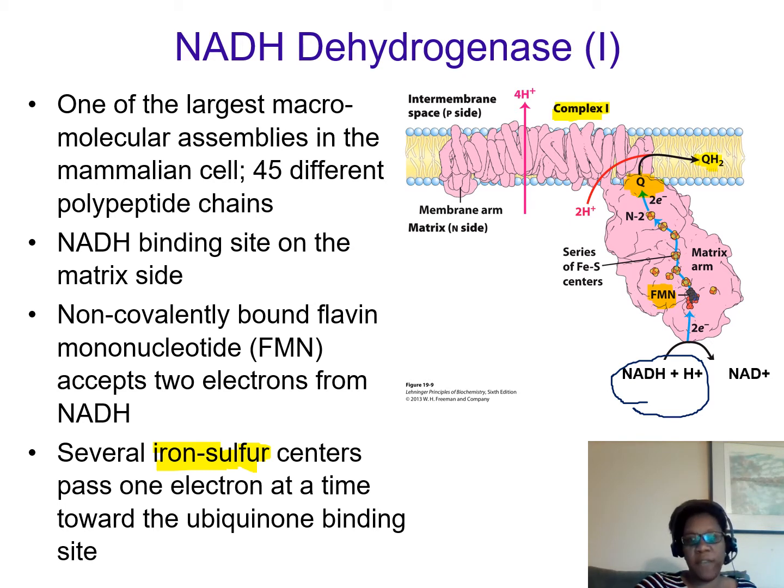It gives them to FMN, which passes them through a bunch of iron sulfur centers. Finally, we get those 2 electrons to Q, and Q is now reduced to QH2, and QH2 can leave and take those electrons somewhere else. Consequently, they're not taking them to complex 1, they're taking them to complex 3.